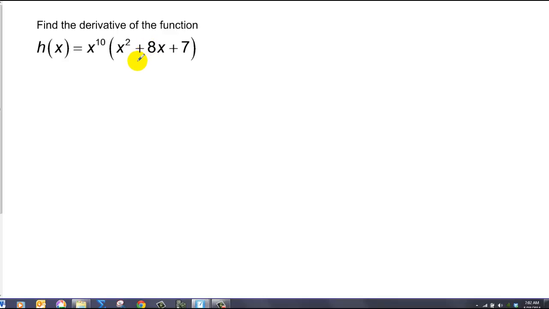So let's take a look at this function. Here is once again my f, and then my g. Therefore, f prime is equal to 10x to the 9th, and g prime is equal to 2x plus 8. Find my derivative, h prime.